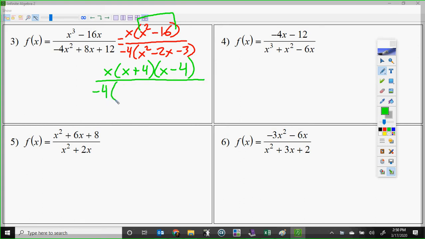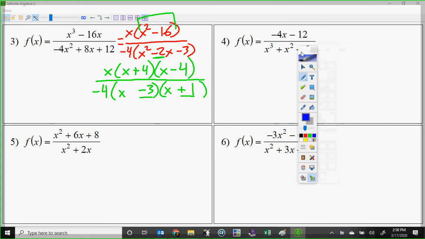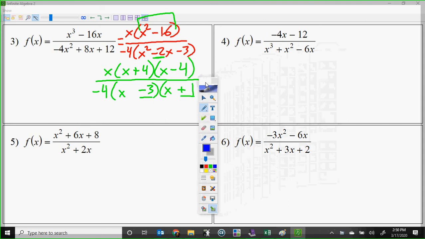What can I factor this one into? I know it's x, I know it's x. Negative 3 is negative 3 and positive 1, or positive 3 and negative 1, but those two numbers have to add to make negative 2, so that's why I put the negative with the 3. Alright, so I factored it completely. Great. I'm going to go ahead and do the same thing for the other 4 before I get back and actually talk about what I do to find holes.